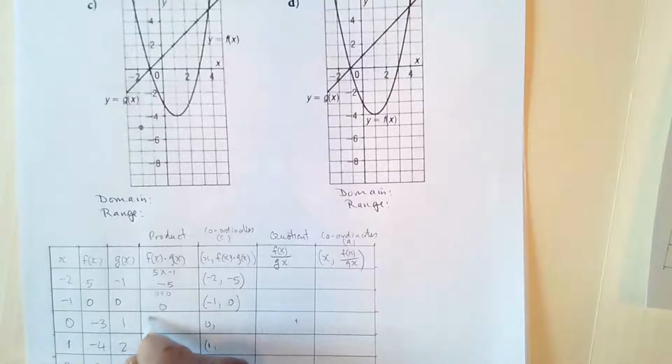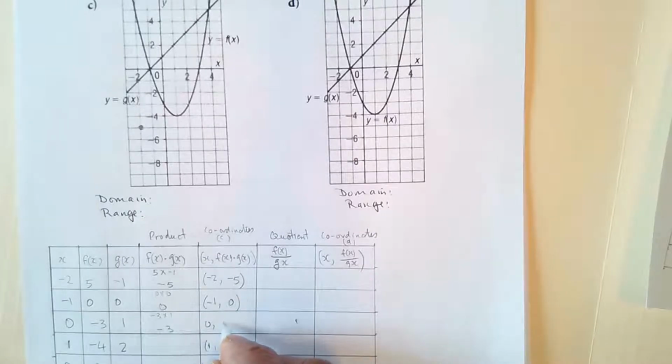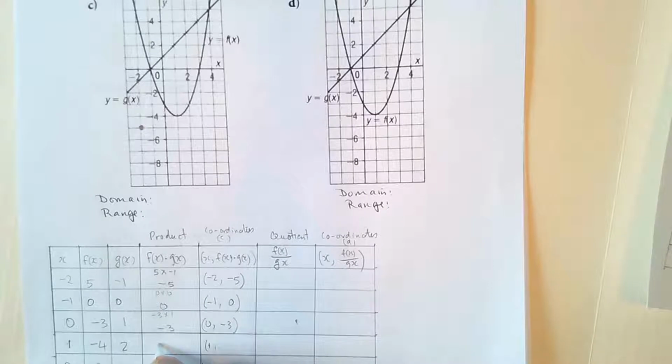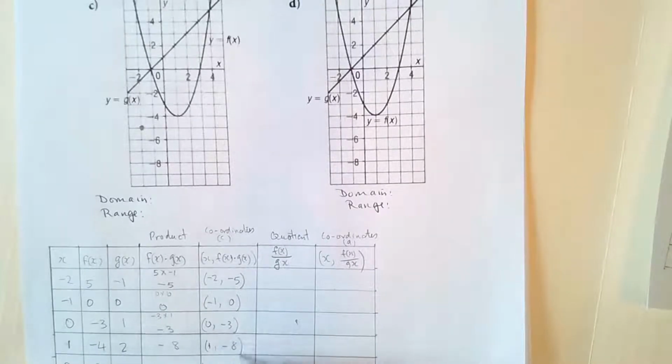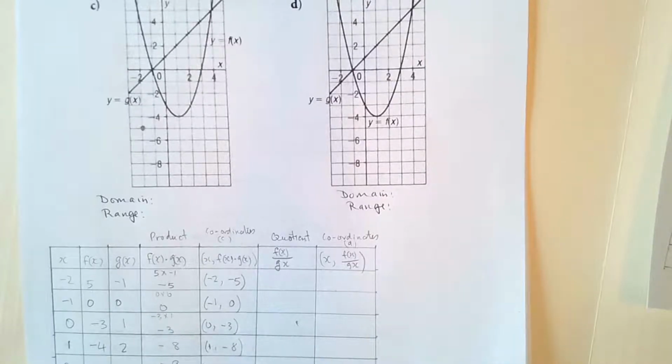Then we have -3 times 1, -3. Then -4 times 2, -8. -3 times 3 gives me -9. 4 times 0 is 0. And 5 times 5 is 25.